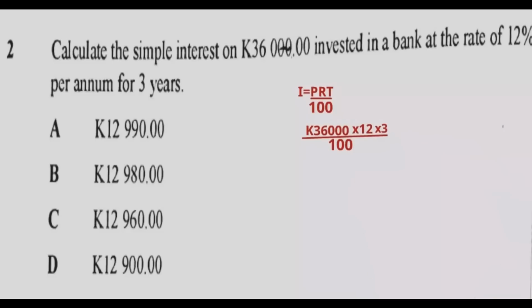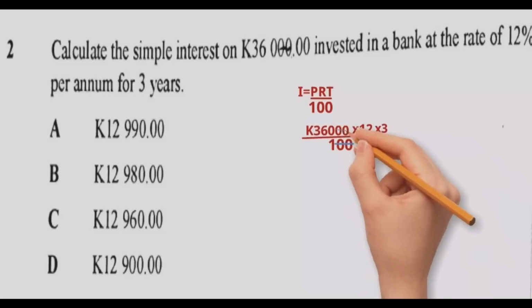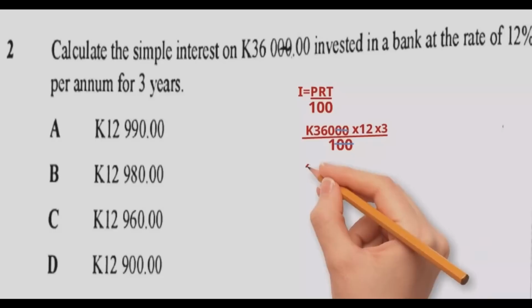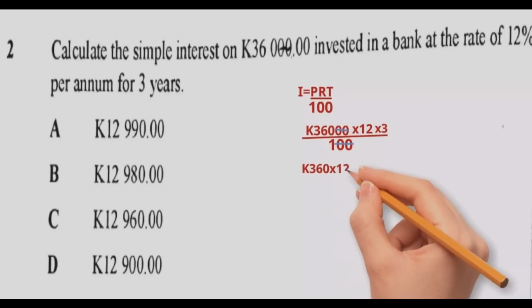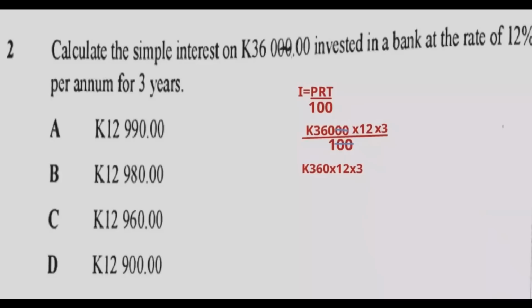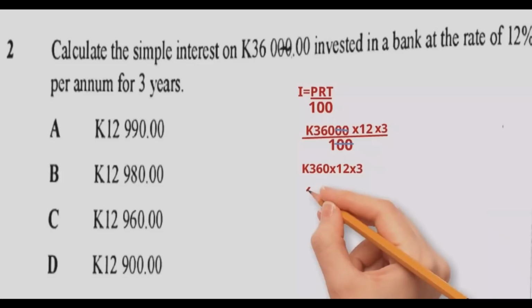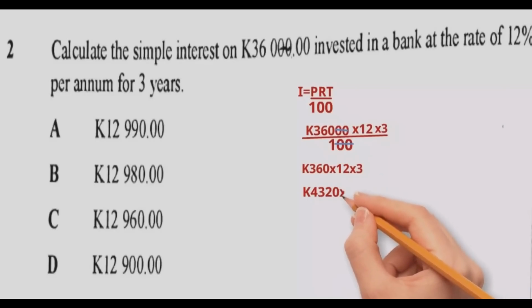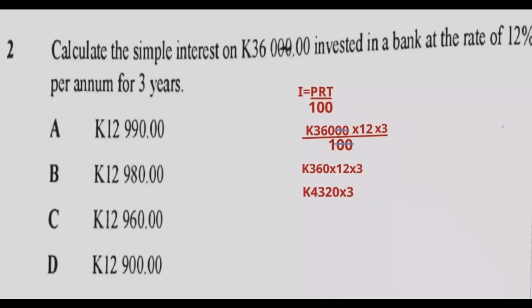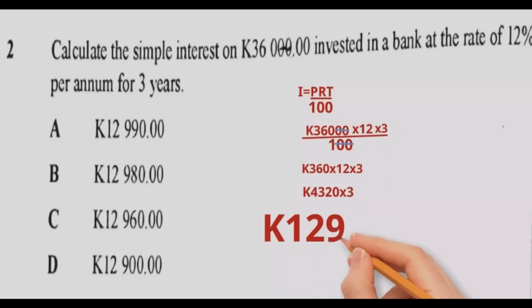Then we cancel out the zeros from 100 and the zeros from 36,000, leaving us with 360 kwacha times 12 times 3. 360 times 12 will give me 4,320. 4,320 times 3 will give us 12,960 kwacha.